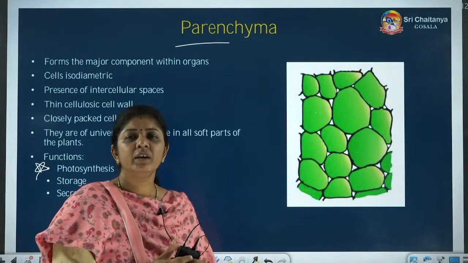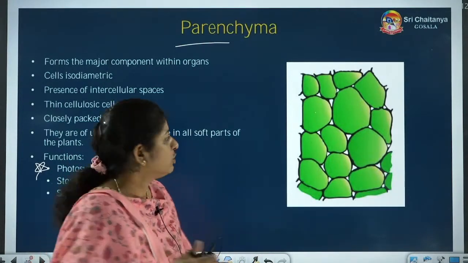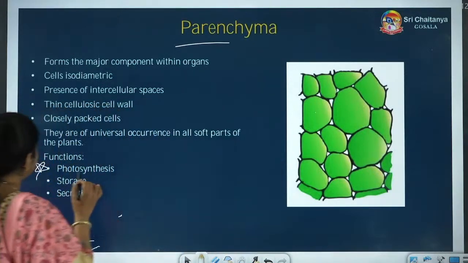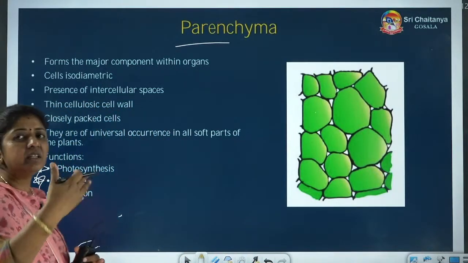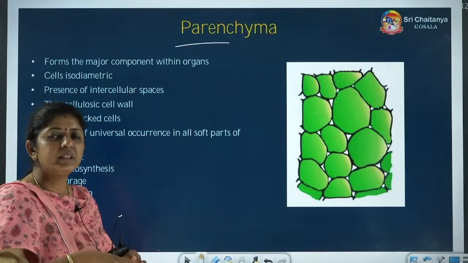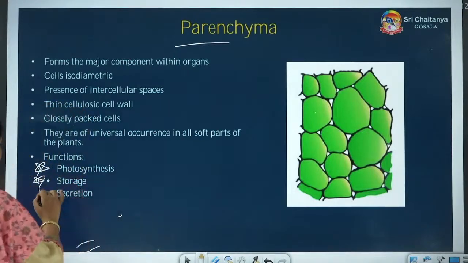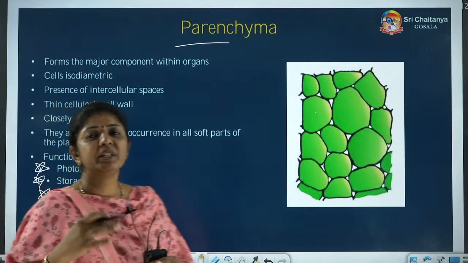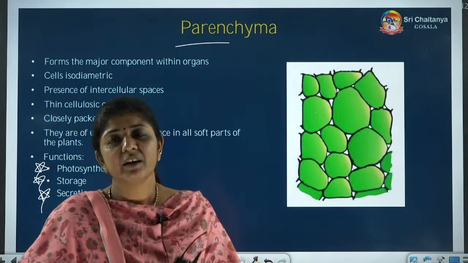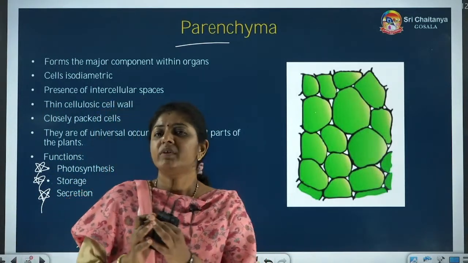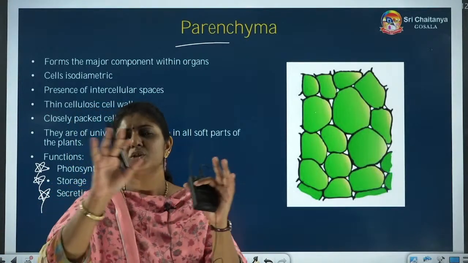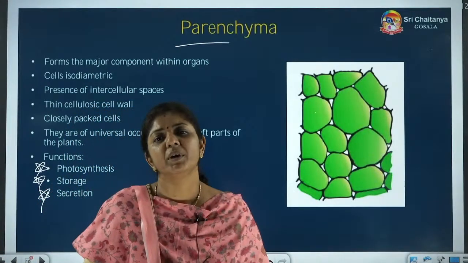Majorly the parenchyma cell. Their function is photosynthesis. In some other places it can store things as well, and in some cases it can help in secretion as well. Those places are a matter of detail of the chapter. Now it is just a superficial introduction of the topic.